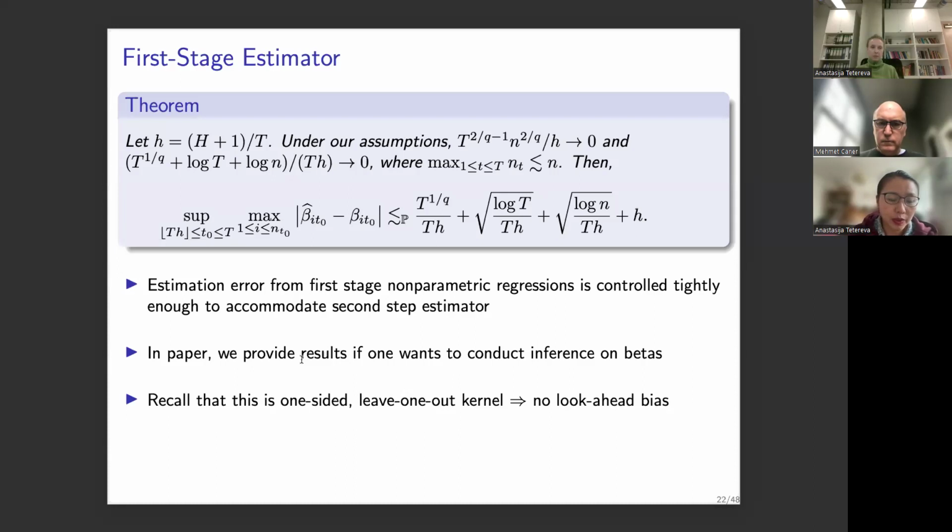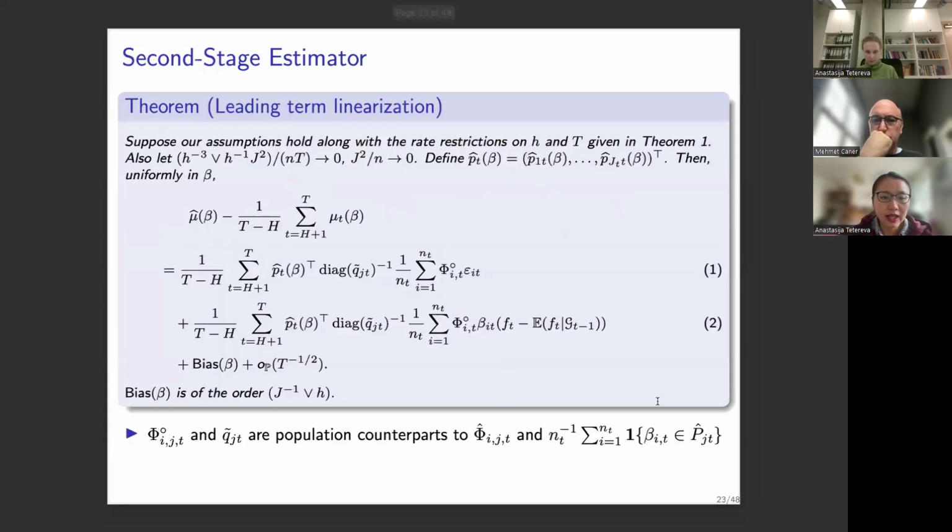We provide results if one wants to conduct inference on these betas, and of course we provide some central limit theorems. Again, one-sided, leave-one-out kernel, no look-ahead bias, and then we do a linearization. Okay, so these are the rate conditions. I don't think we restrict J to be diverging.